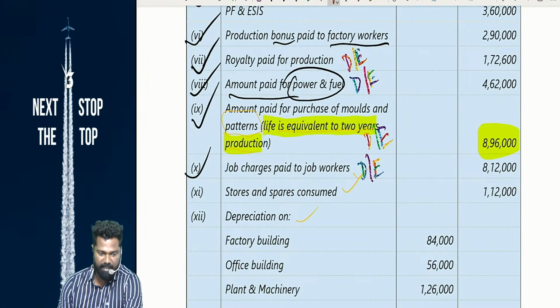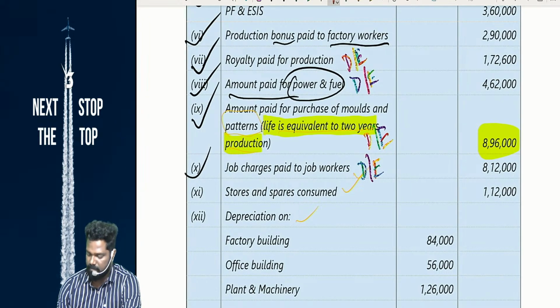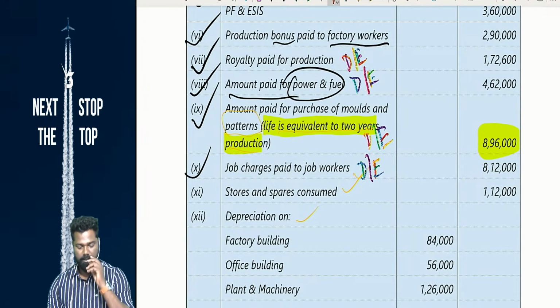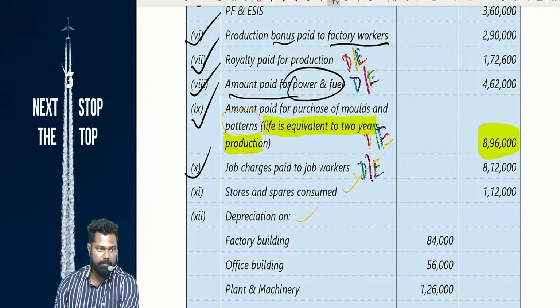Chalo. Check it out and tell me now, are there any other items? Tell me the amount. How much is that? One is 1,72,600. Next 4,62,000. Are you taking 8,96,000 or 8,96,000 divided by 2?